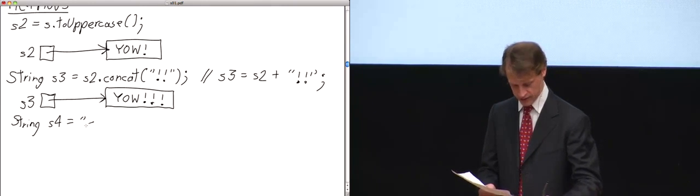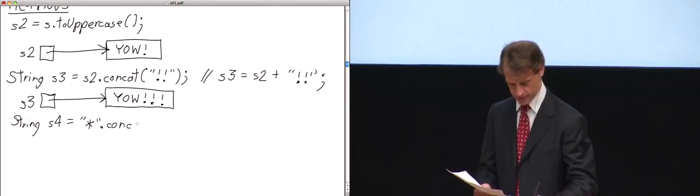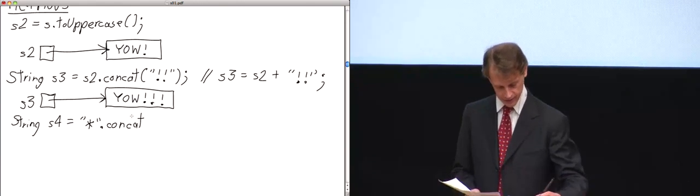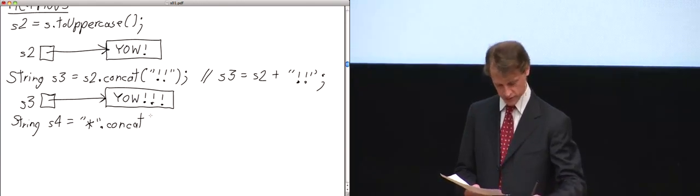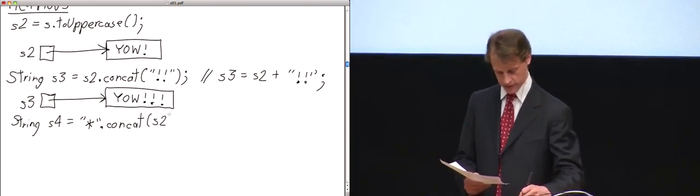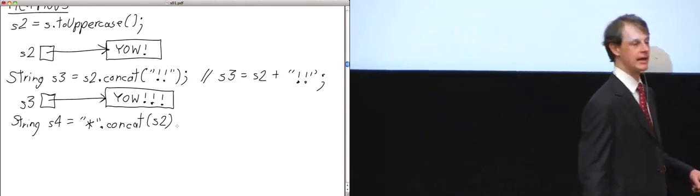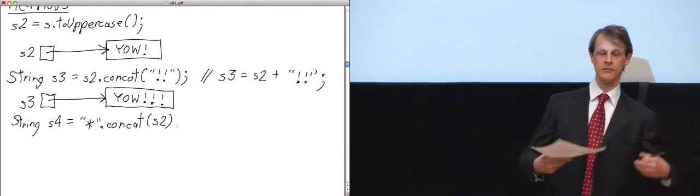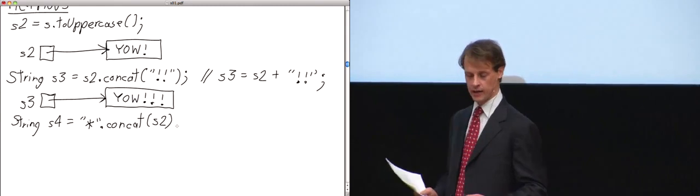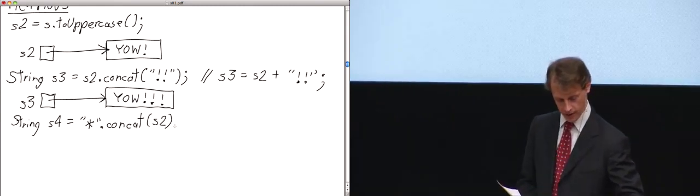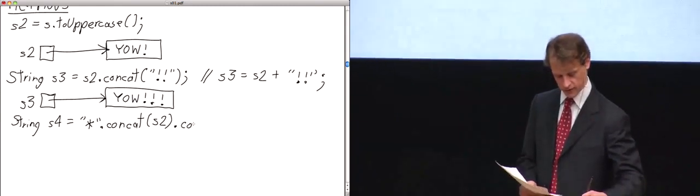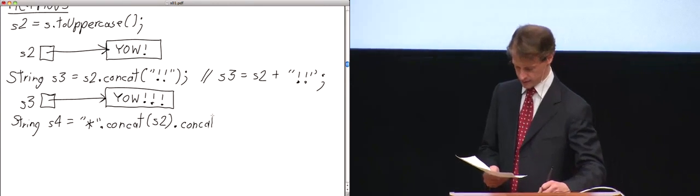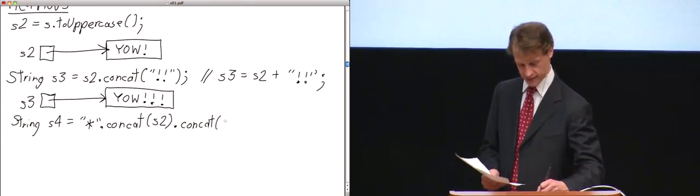And of course, you can chain these things together if you want. So I'm taking a string and I'm calling the concat method on that string with a parameter that is another string. And once that gets computed, that's going to give me a string, and I can call another method on that collective string and concatenate another string to that as well.